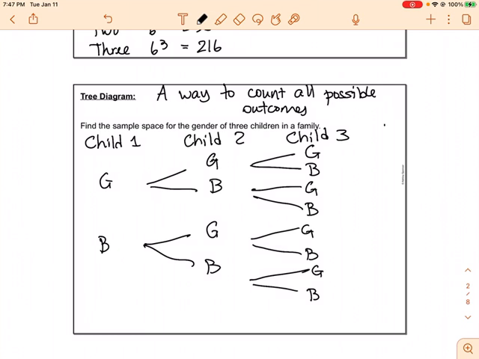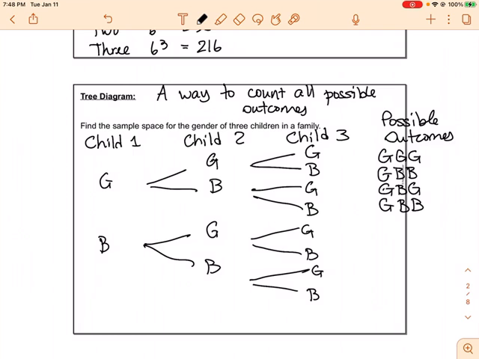So the possible outcomes. You could have all girls. The first one be a girl, and the next 2 be boys. First one be a girl, the second one a boy, the third one a girl. Girl, boy, boy. You could have boy and 2 girls as your second and third.